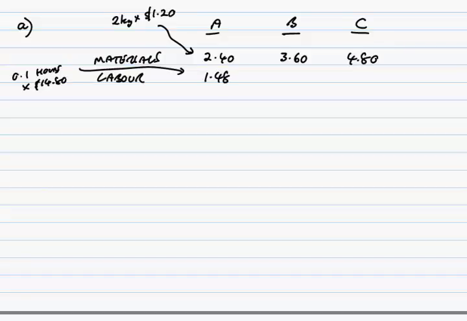Similarly, B, 0.15 hours at $14.80 is $2.22. And finally, C, 0.2 hours at $14.80, $2.96. So, of course, they were straightforward, but where the work comes is overheads.